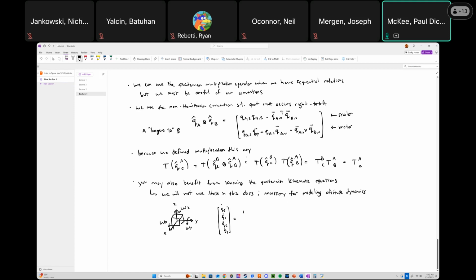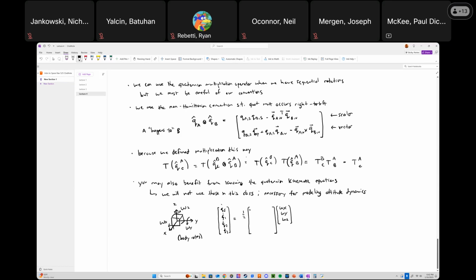Is related to your body rates by, let's think about it, if you've got omega X, omega Y, omega Z, these are body rates, there's going to need to be a 4x3 matrix that does this mapping.